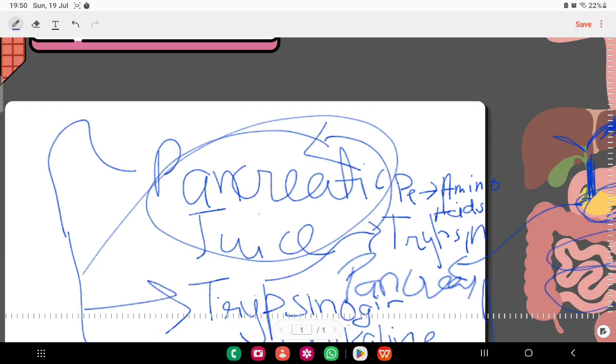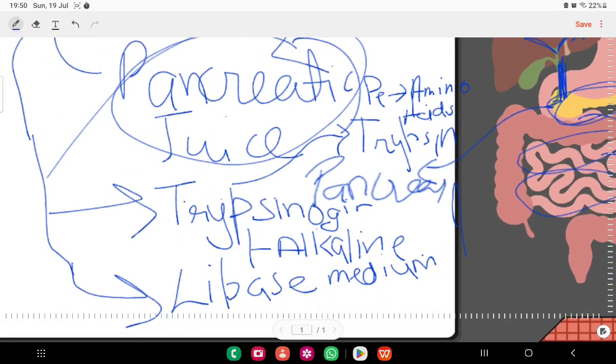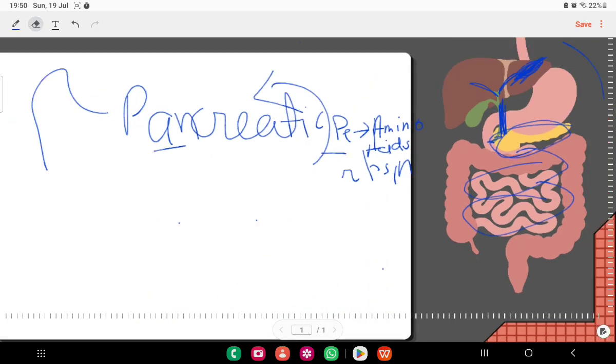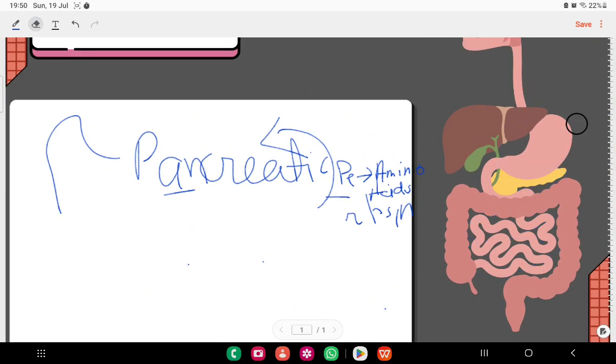Let us continue. The other guy, lipase, breaks down fats. There's not enough space, let me rub this out fully.